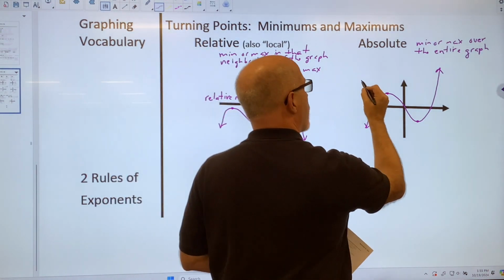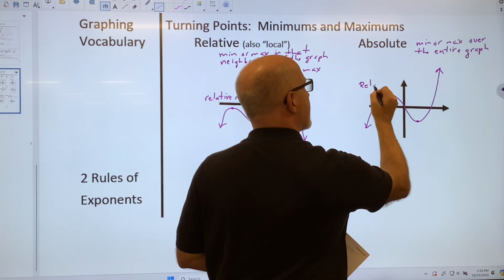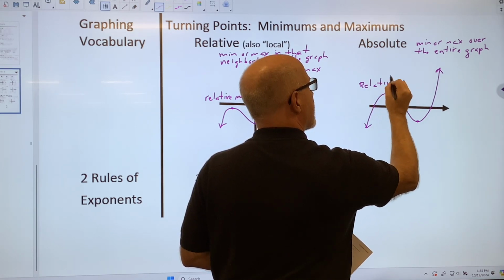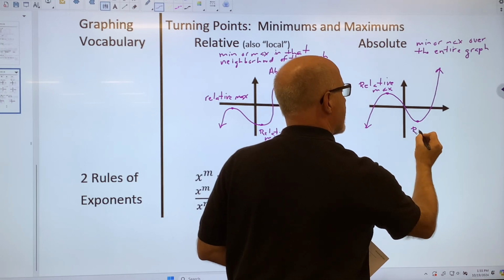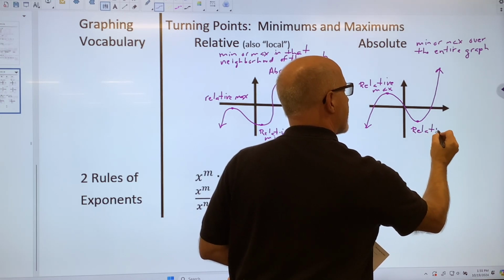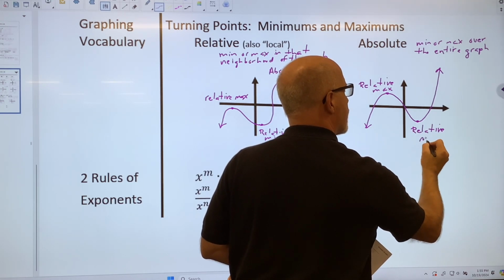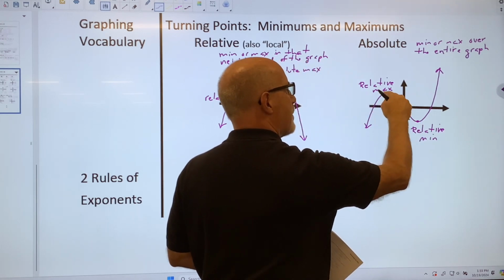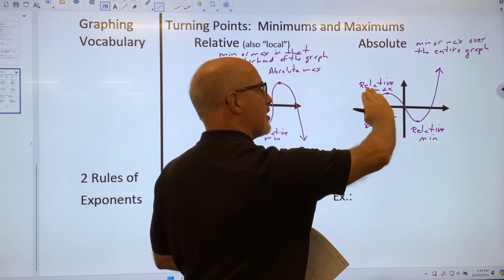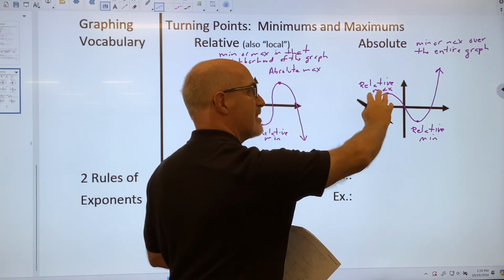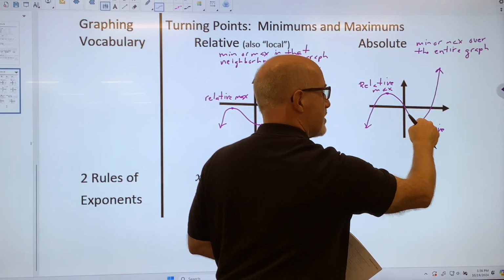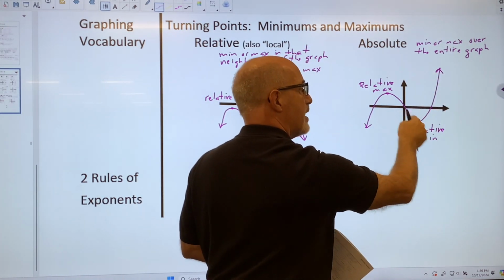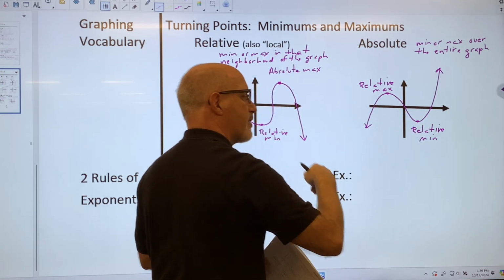So this would be a relative max, and this would be a relative min. These are turning points. It turns from going up to going down, but it's only the maximum value in that neighborhood because this goes past it. Here, this is a minimum in this neighborhood, but this part of the graph goes past it.